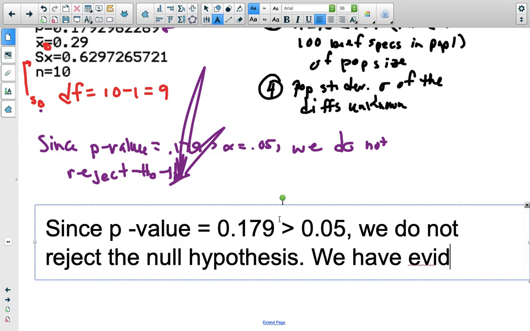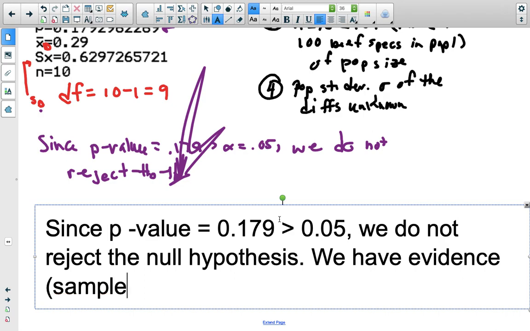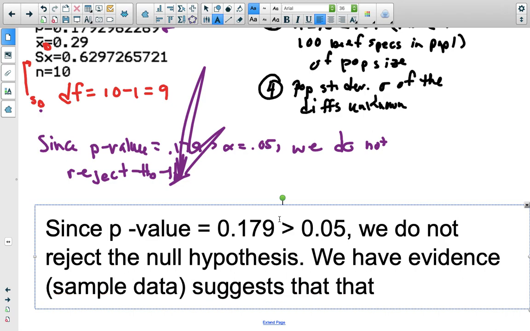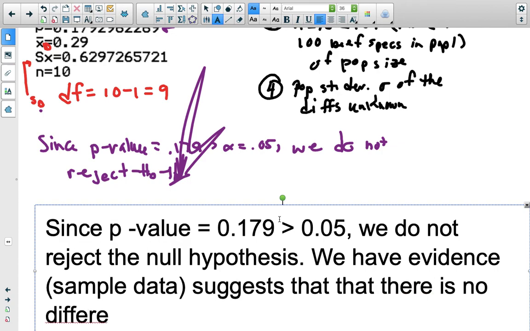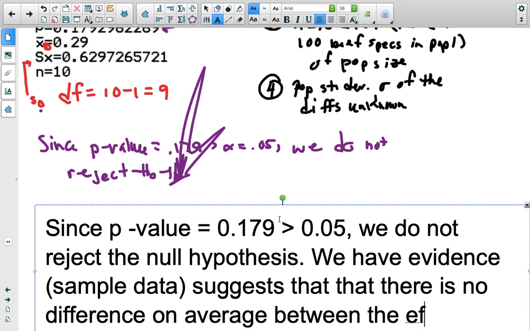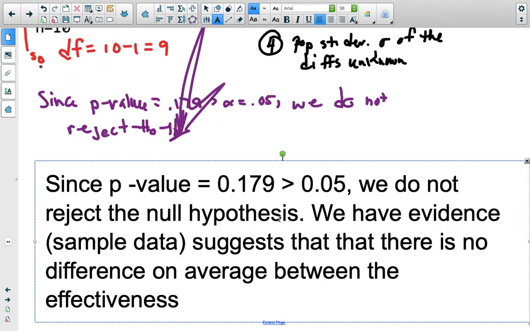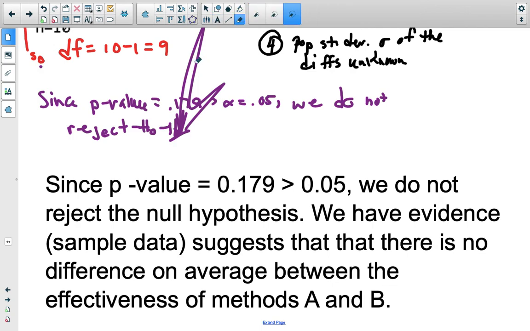We have evidence, which is your sample. The sample data suggests that there is no difference on average between the effectiveness of methods A and B. Okay? Sorry about that at the end here.